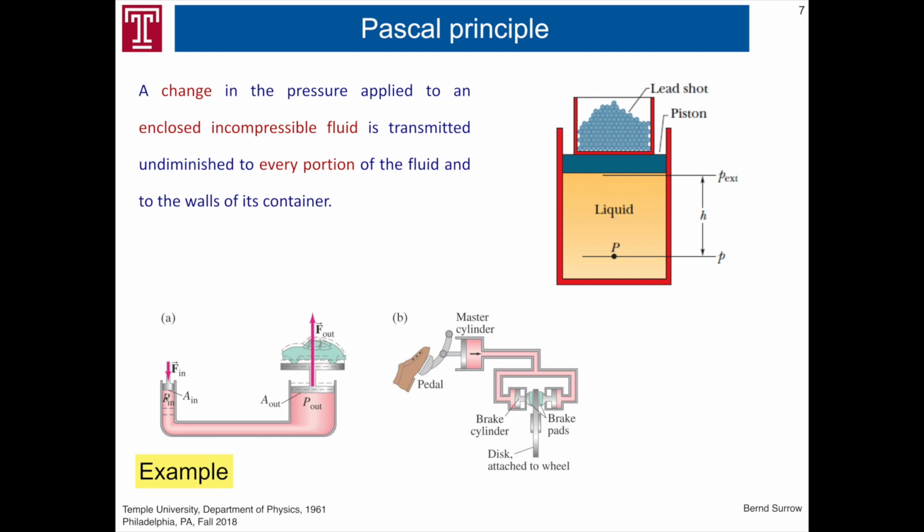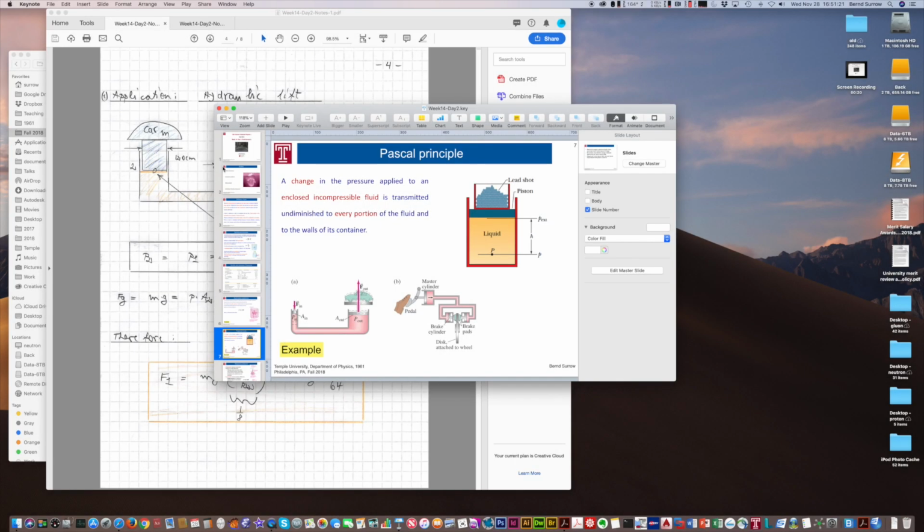That pressure is now identical on this side here. A liquid cannot be compressed. However, you have here now a larger area and can sustain therefore a larger force here, for example, to lift a car. Let me also show you this now as an example. So you have exactly this configuration here.